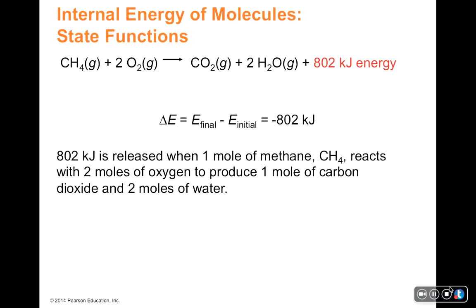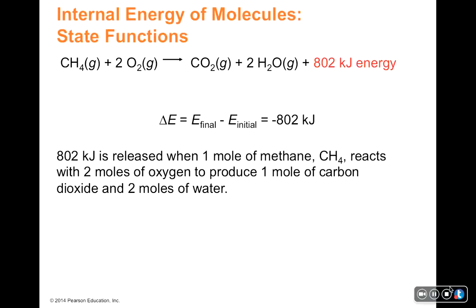Another thing to note here is this energy that you see here is specific to the reaction shown. So that means that the molar amounts that you see correspond to the amount of energy that you see. So for example, in this case, I'm reacting 1 mole of methane with 2 moles of oxygen, and I release 802 kilojoules of energy.